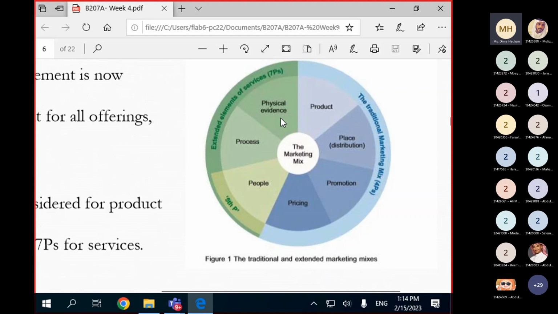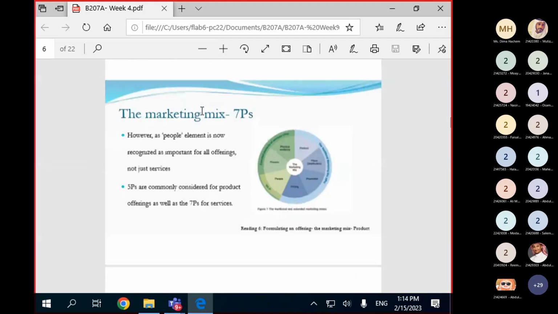We will revisit this when we talk about services later on. But keep in mind for now that we talk about 4 Ps for tangible products, and we talk about 7 Ps when we talk about services.